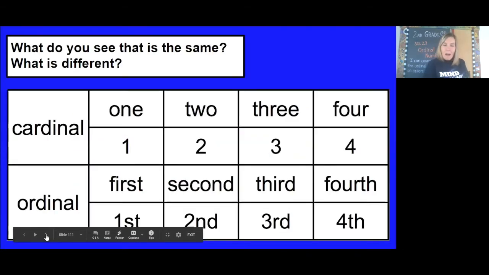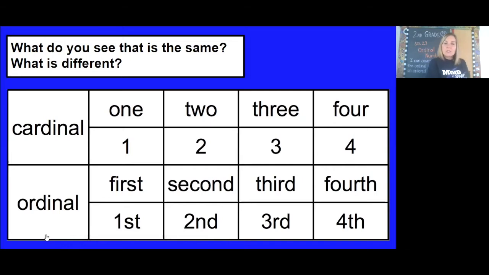Now there's a couple of them that are a little bit tricky. So I want you to take just a minute to look at this chart of our cardinal numbers and their corresponding ordinal numbers and see if you can see what is the same and what is different. Give yourself just a second.